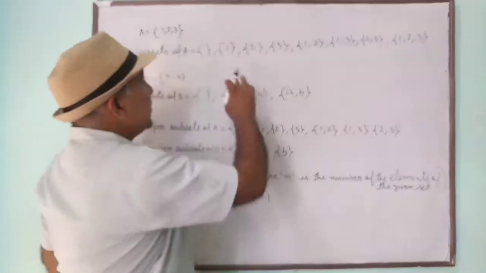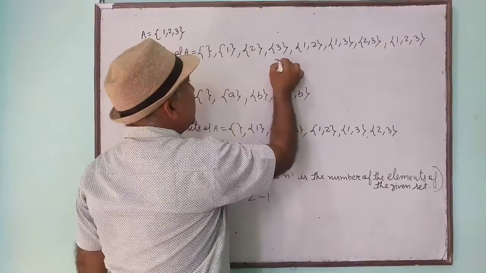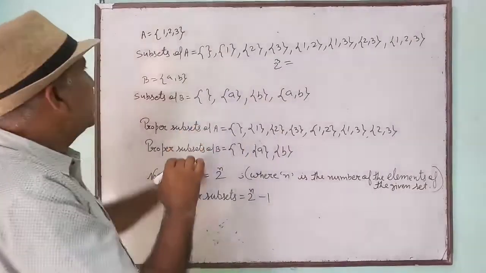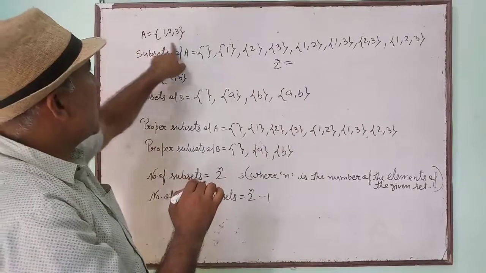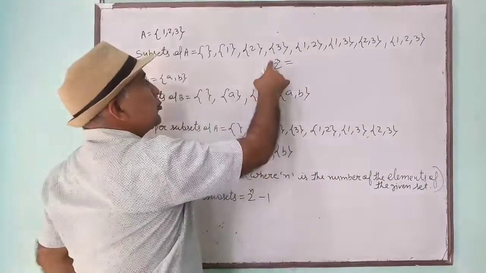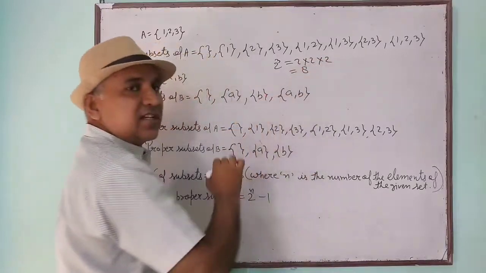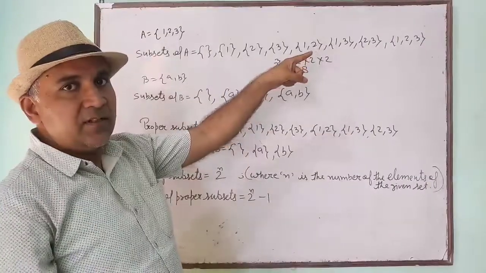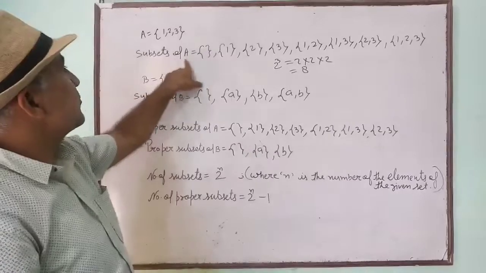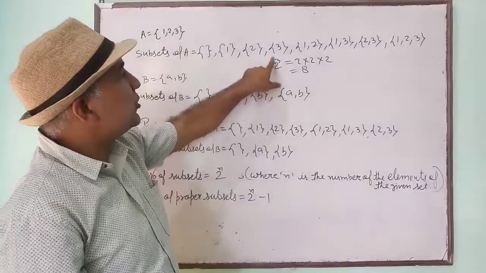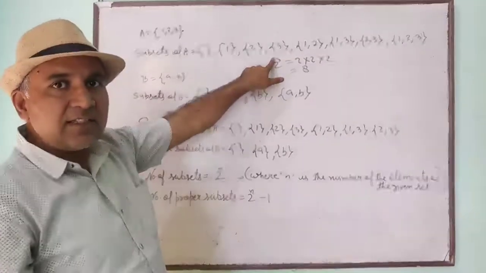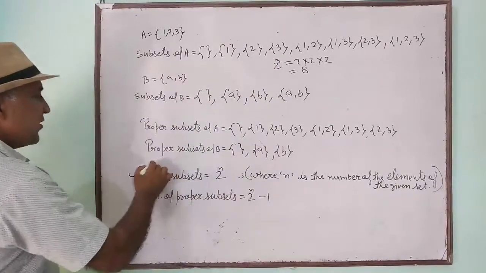It means there is a formula for the number of subsets. See here, there are 3 elements. So how many subsets are there? 2 to the power 3. Check it. See, 8 is coming. There are 8 subsets. So what is the formula for subsets of a given set? 2 to the power n, where n is the number of elements. See, this is the formula.